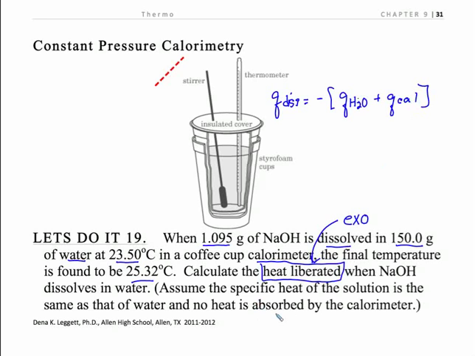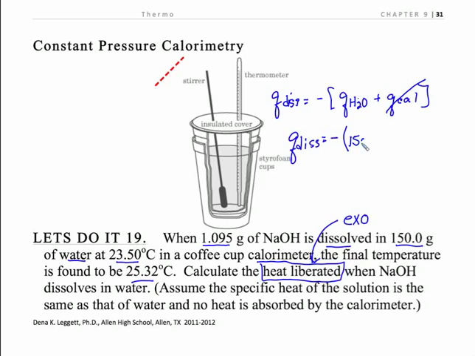Now, this problem specifically says assume that the calorimeter didn't absorb any of the heat and that it's just the bulk solution. Sometimes it doesn't say that, but you have no choice but to make that assumption because you're not given any information about the calorimeter. So Q for my dissolving process is going to be equal in magnitude, opposite in sign to what happens to the water.